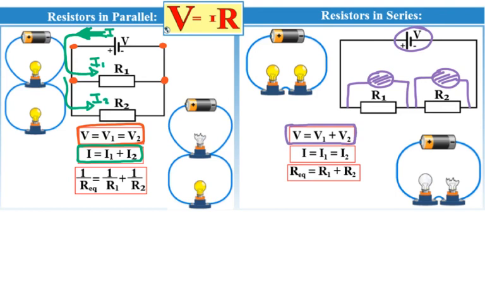The current is going to be the same through all of them, because it's the same exact current flowing through this resistor as the one flowing through this resistor. So they share the same current. And if you want to calculate the total resistance, you just add the resistors, and that gives you the total resistance of the circuit. And also I mentioned before Ohm's law, where V is equal to I times R.